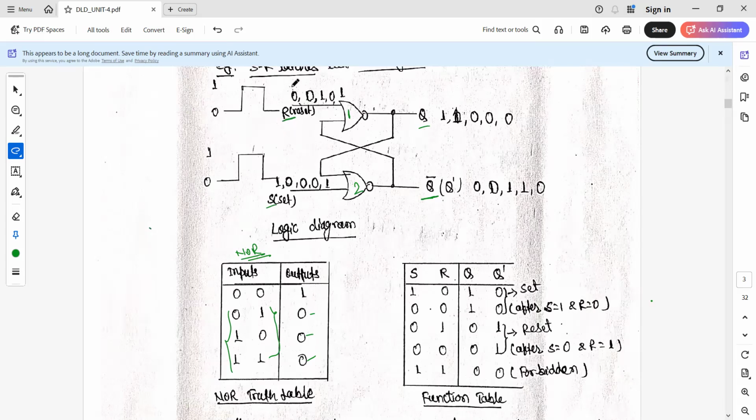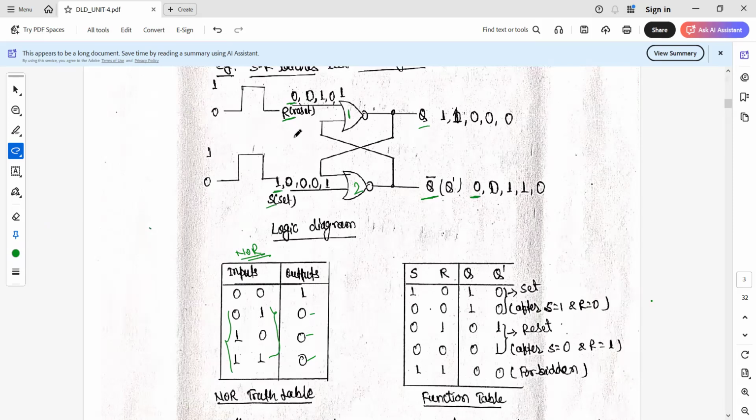Here we take the first combination, where R is 0 and S is 1. For NOR gate 2, we are sure that its output is going to be 0, since this is the basic property of the NOR gate: if any input is high, then the output is 0.